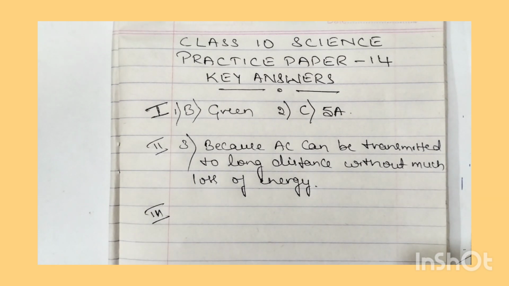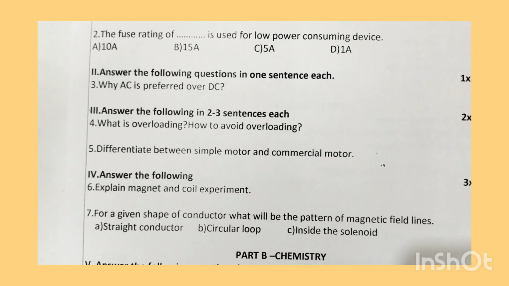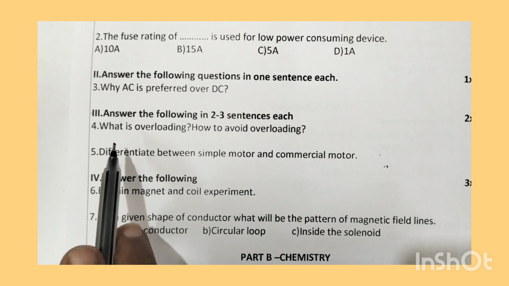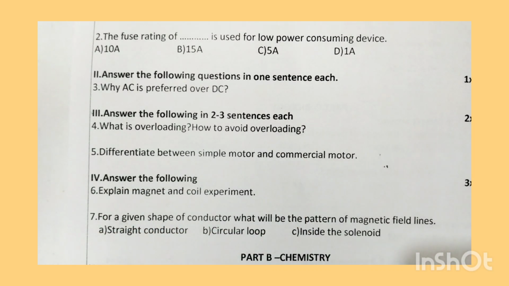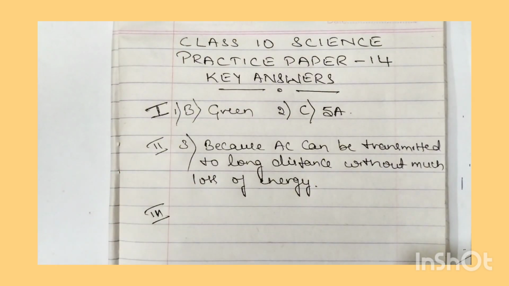So now let us move to the next question. The next question is, what is overloading? How to avoid overloading? So let us answer what is the meaning of overloading.